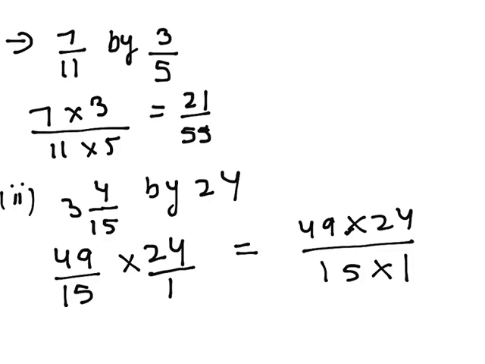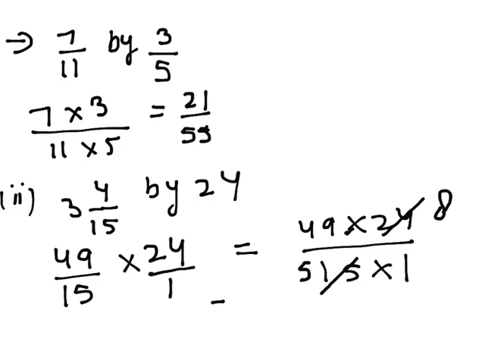So to make our calculation easy, we can simplify before multiplying. We know 24 and 15 have 3 as a common factor. So we can divide 24 and 15 by 3. It will give us 8 and it will give us 5. Now multiplying 49 by 8 is much easier than 49 by 24.